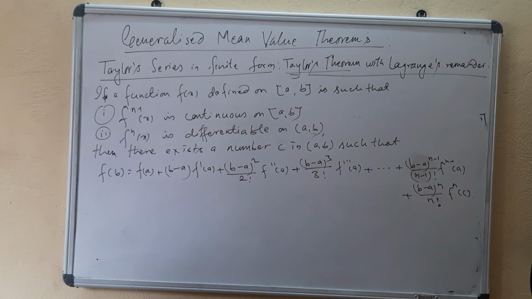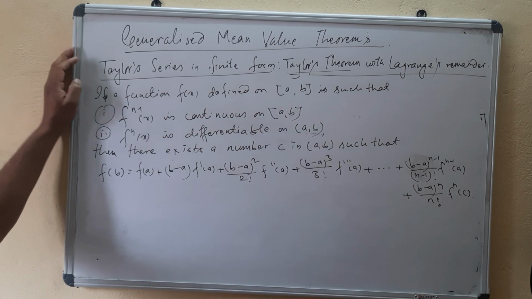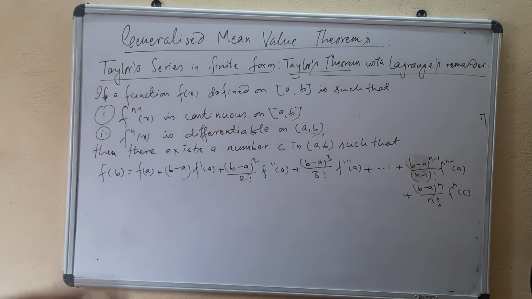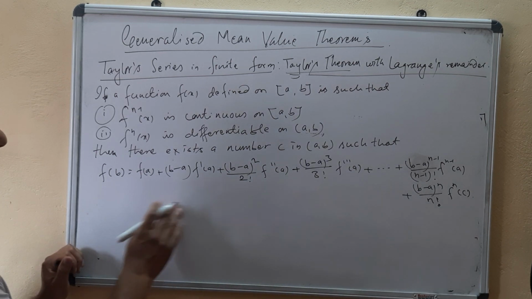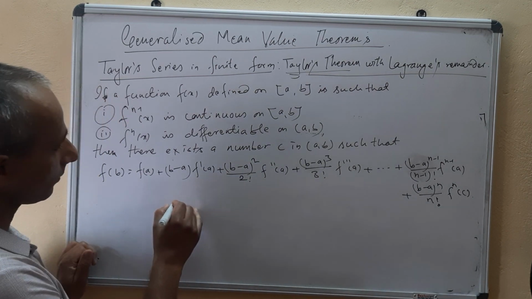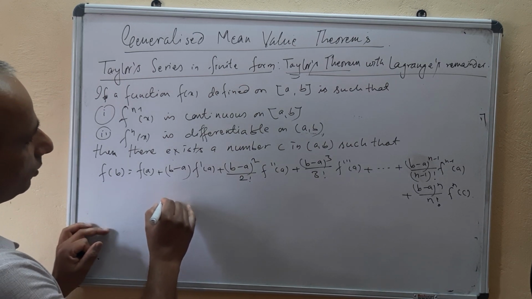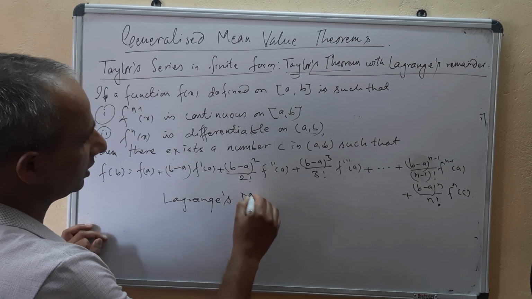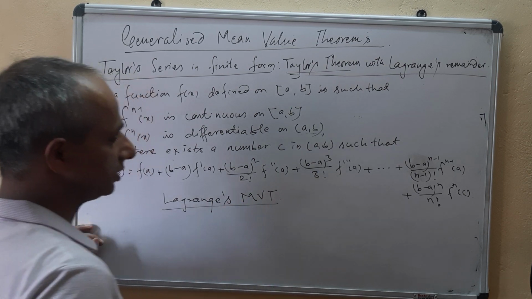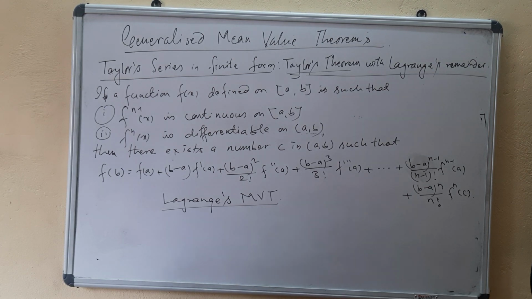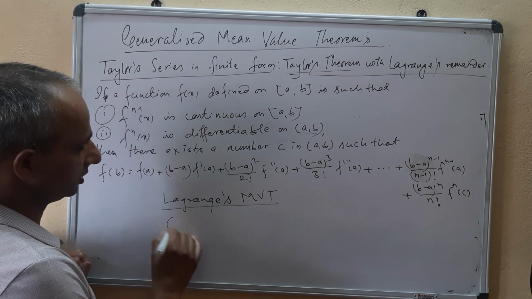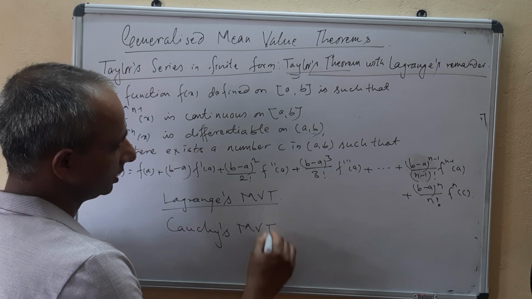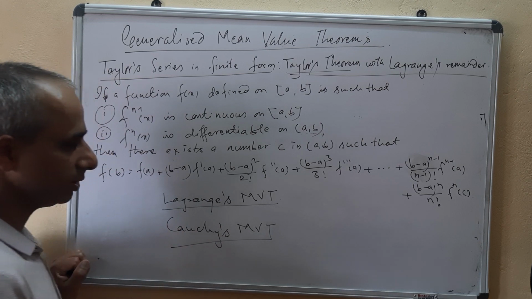Before this topic, we have learned in prior classes two mean value theorems. One is Lagrange's mean value theorem, which is also known as first mean value theorem, and next is Cauchy's mean value theorem, which is also known as generalized mean value theorem.